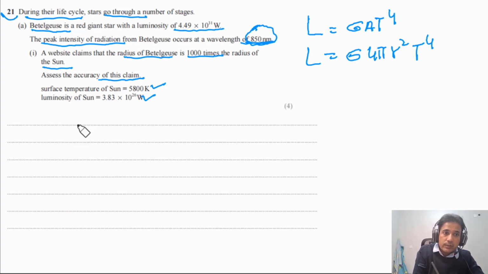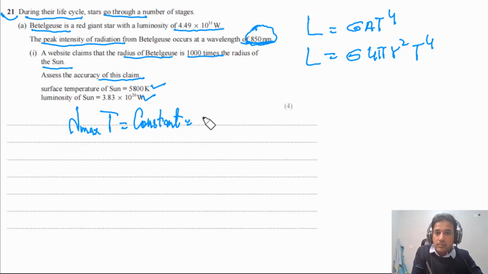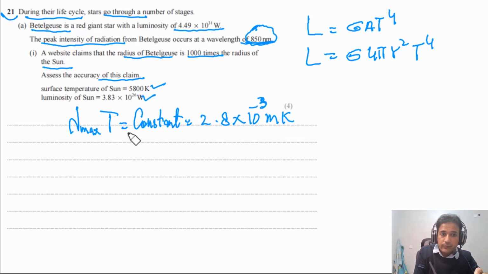We can say lambda max times T is equal to a constant, and the value of this constant is about 2.8 times 10 to the minus 3 meter Kelvin. This is the approximate value of the constant. Now from here we can find out the temperature in Kelvin.